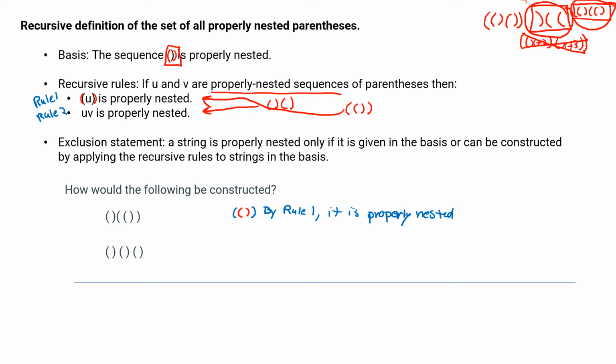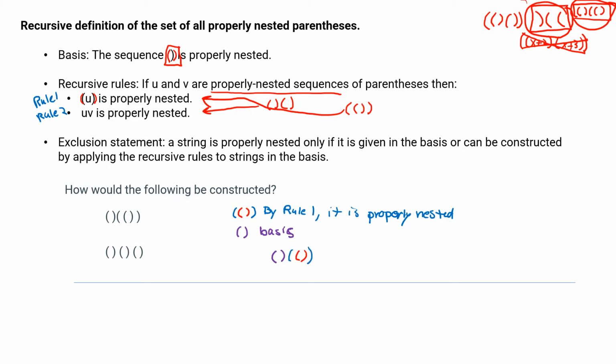And what about this one here? Use a different color. That's properly nested because it's the basis. So if I put these two together, then I have this, and then I have this other one that I've already constructed.